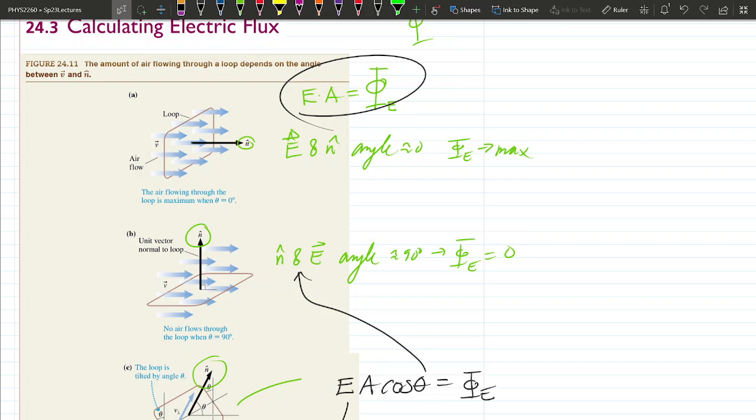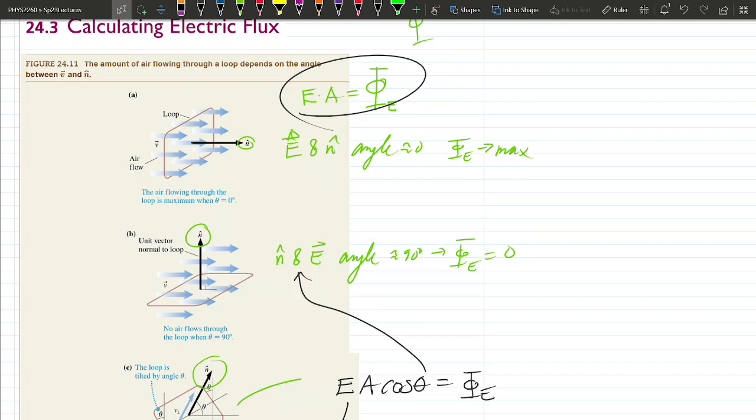Remember, electric flux is just, pretend there's some electric field, or in this case there's some velocity field, where the part of that field that passes through this rectangular surface, that's the amount of flux through it.